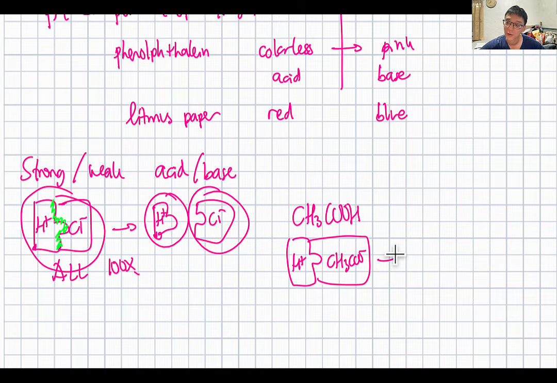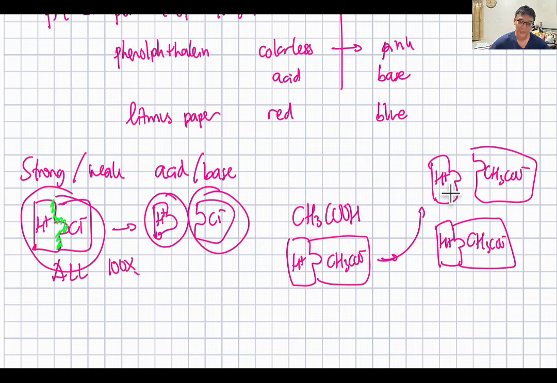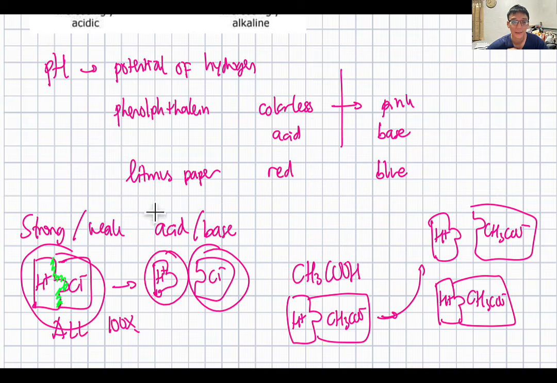Well, only some of them would actually dissociate and create these ions, but predominantly they will stay in their whole form. pH is the potential of hydrogen, so if the hydrogen released is less, that explains why acetic acid or vinegar is considered a weak acid compared to hydrochloric acid.